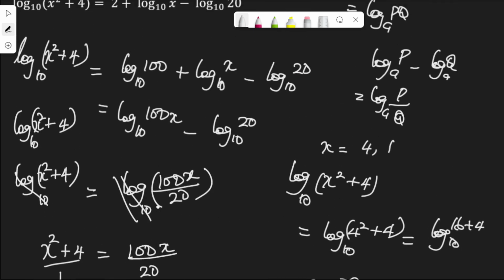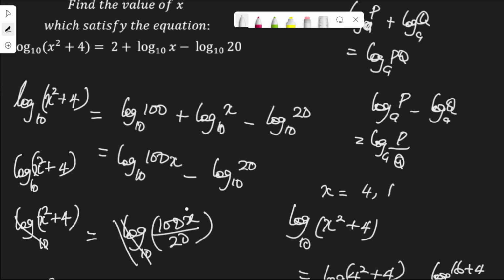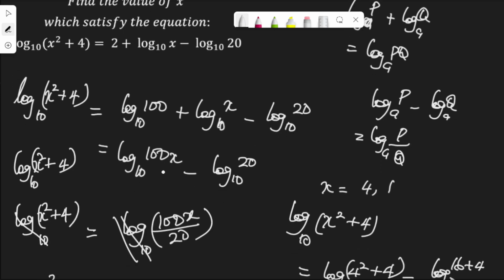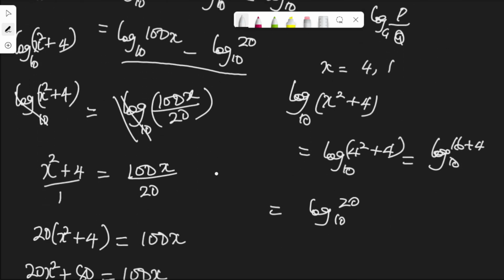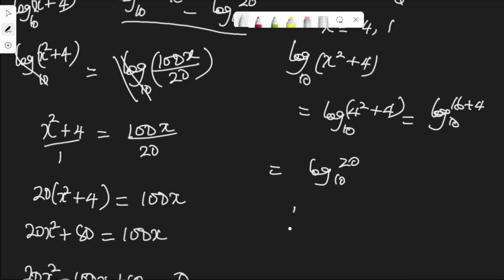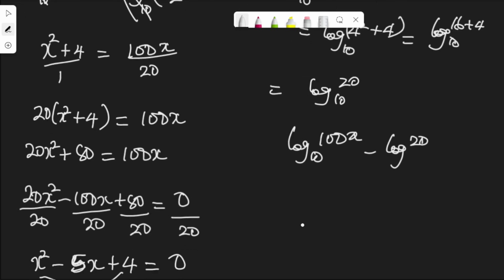Let's check the right hand side whether we'll get the same thing. For the right hand side, I'm going to start from here where I have log 100x minus log 20. Let's put in the value of x there. Log 100x to base 10 minus log 20. Again, the value of x is 4. 4 times 100 is 400.